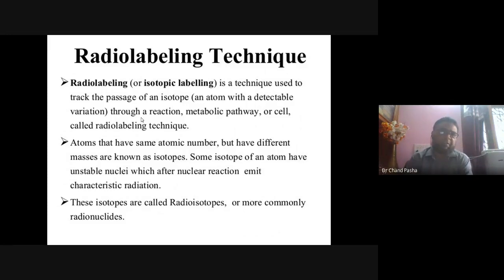You incorporate radioactive carbon, whether in the side chain or in the core. If the side chain alone is removed and the core remains, it is indole positive. And even radioactive phosphorus is used to find out the metabolism of that particular bacteria.